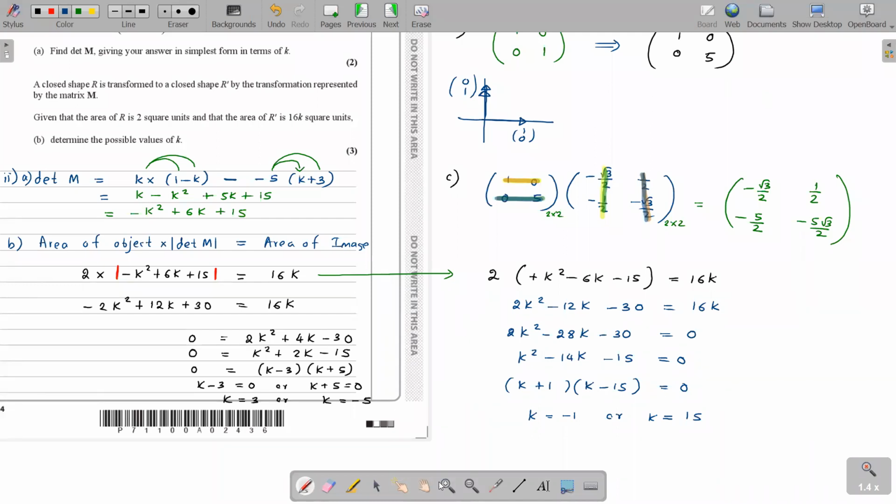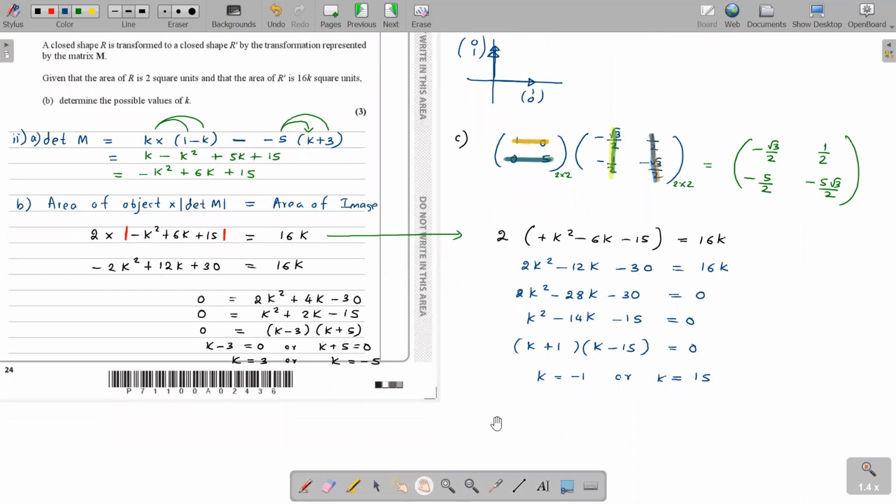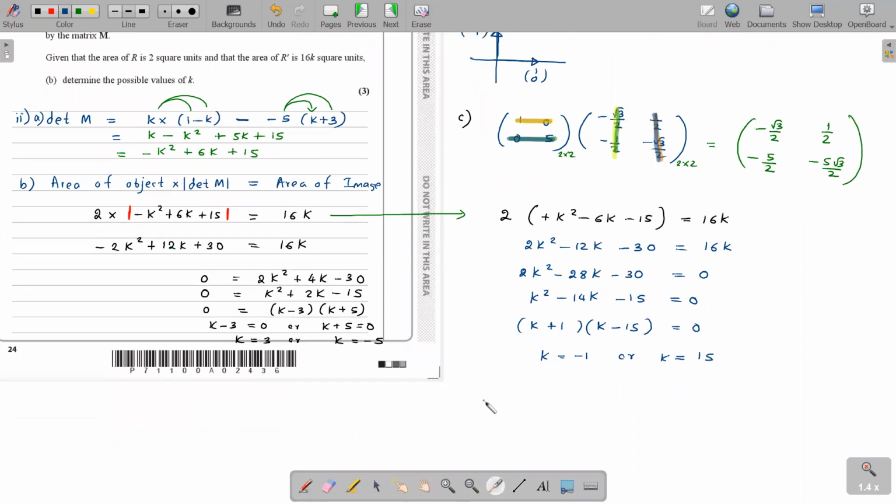Okay, now thing is this. We only need to choose the k values who make this determinant m positive. Can you all choose the k values who make this determinant m positive?